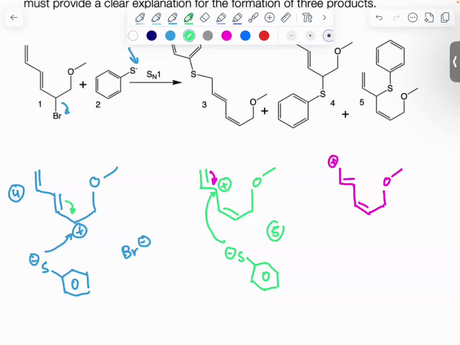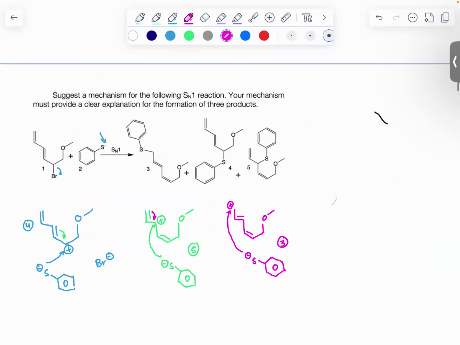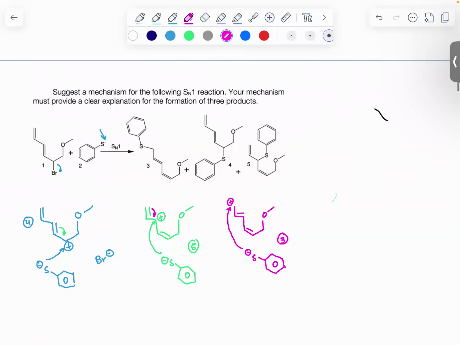That gives us structure number 5. And this gives us structure number 3. So when you're doing a mechanism, that is when you do the curly arrow thing.